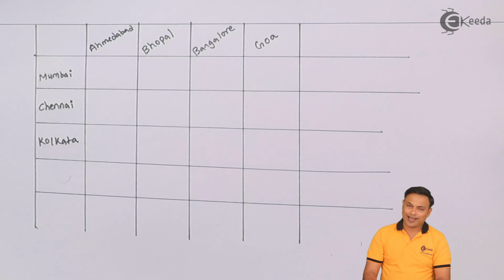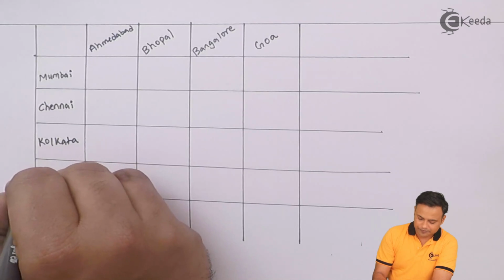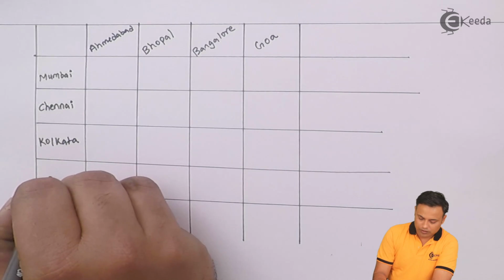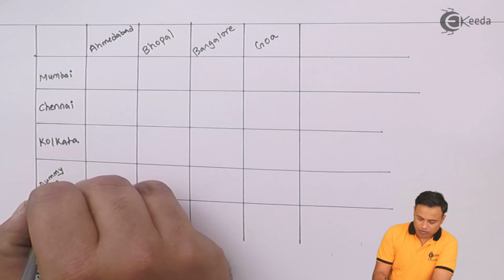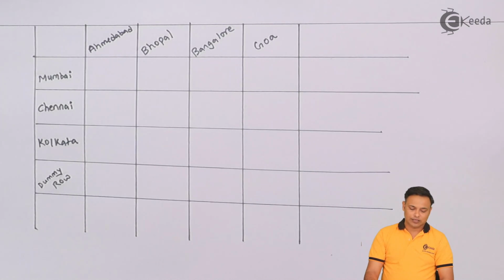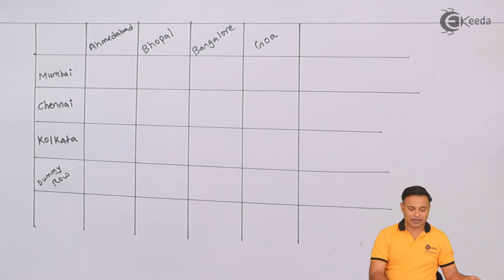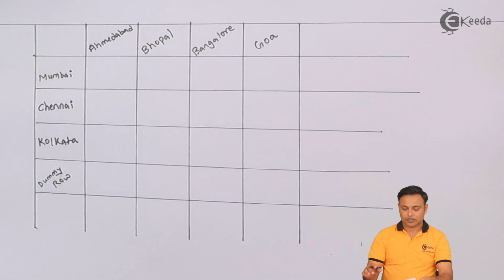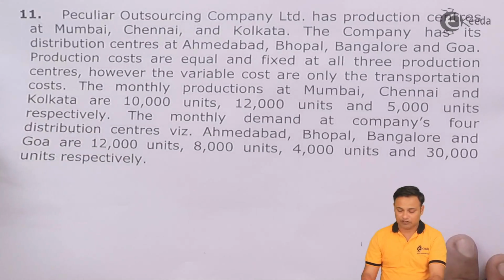My supply is less than my demand. My demand is 54,000. So I need to put a dummy row in order to balance the supply. Let's see what is my supply and what is my demand. So here is my problem, page number 1.